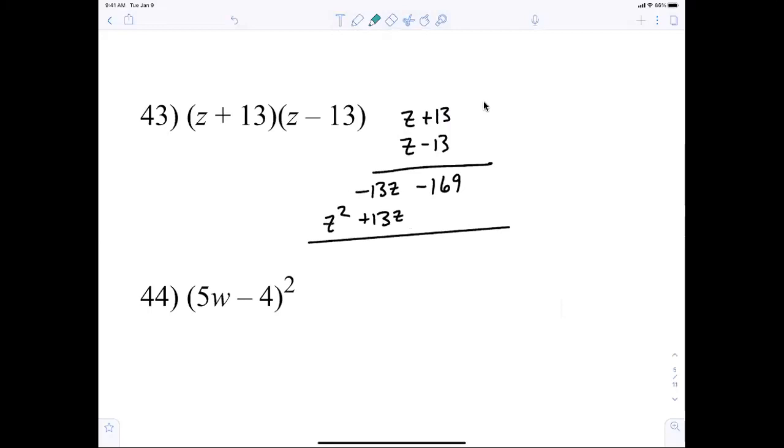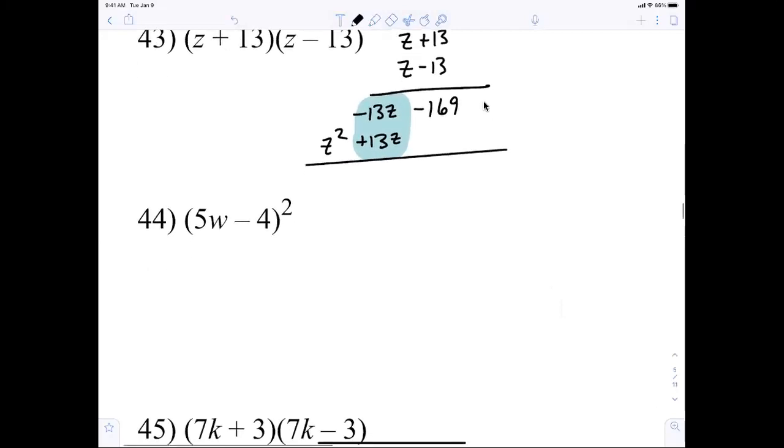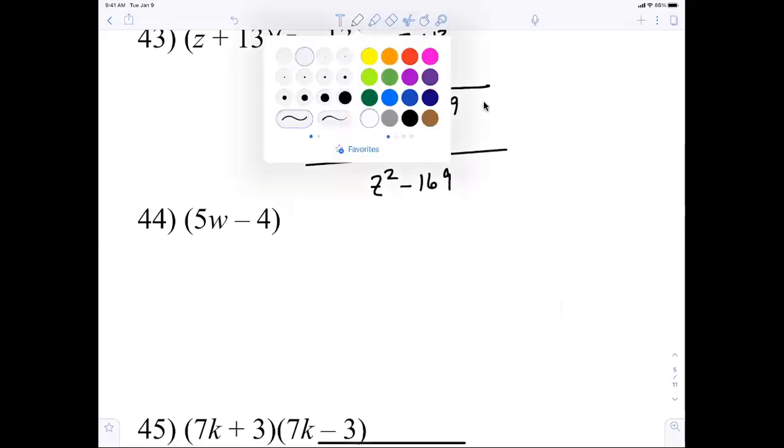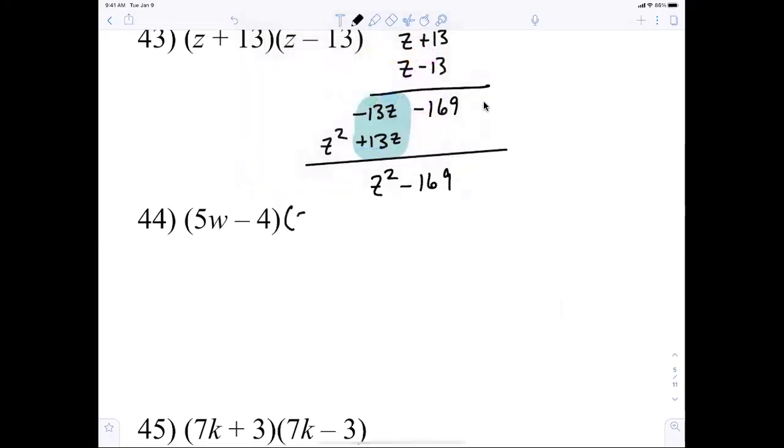And again, what happens here? They cancel. So your answer is just z squared minus 169. All right, again, notice what I'm doing just to make sure you're seeing me. Cross that out, and now just make it like that.